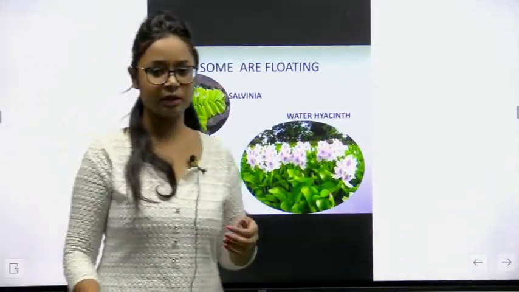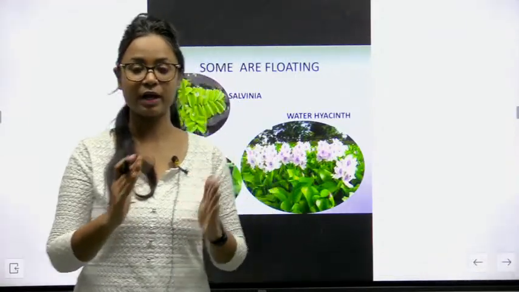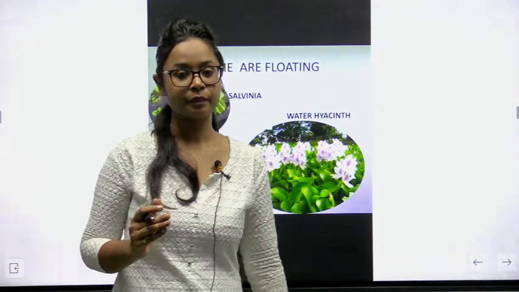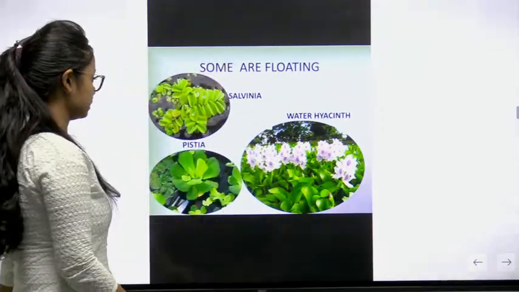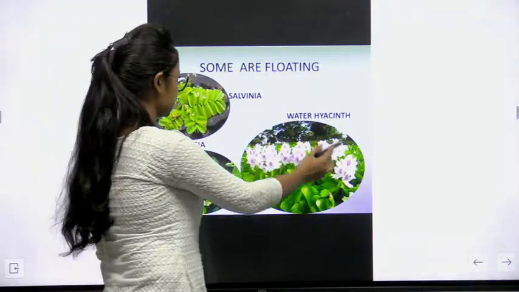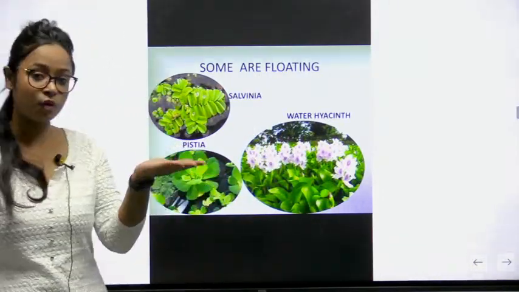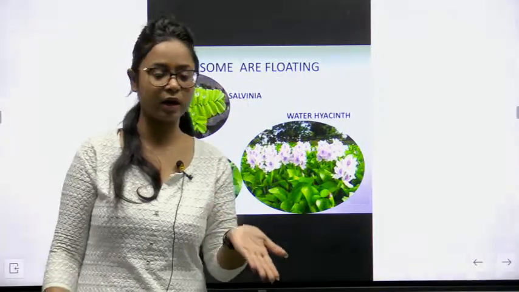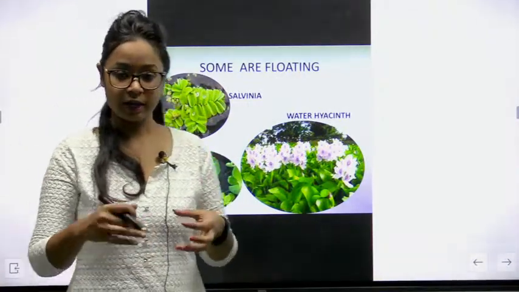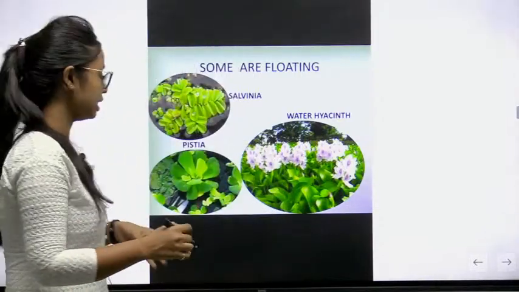Now there are two types of aquatic plants: the floating plant, and the second one is the submerged plant. These are the floating plants, that is Salvinia, water hyacinth and pistia, which float on the water; you can easily see them. But the submerged plants live inside the water.